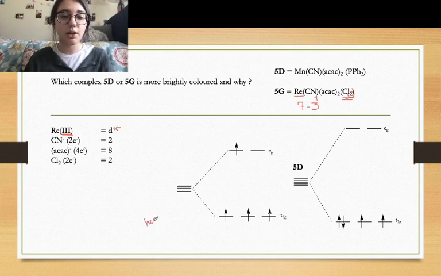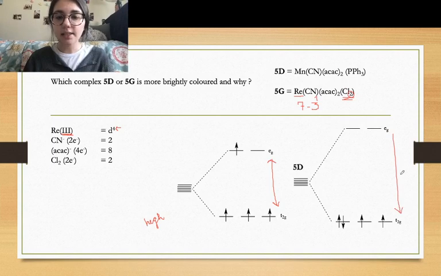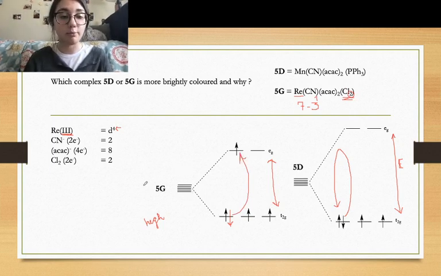And as well, because rhenium is a larger transition metal, it's going to be a high spin complex, meaning a smaller energy difference, and therefore it's going to have more unpaired electrons, and therefore the rhenium complex will be more brightly colored, because we see that these electrons in the manganese cannot reach the higher energy levels and therefore will remain paired. Meanwhile, in the rhenium complex it can, and therefore they will all be unpaired, and therefore it will be more brightly colored. And then we assign that to 5G.